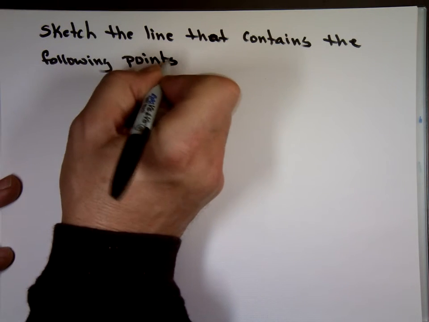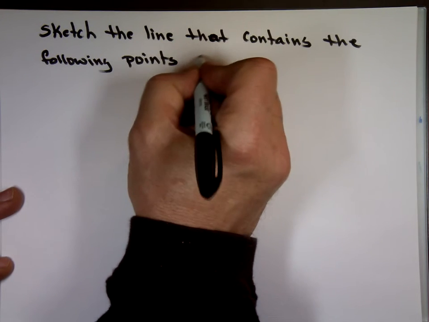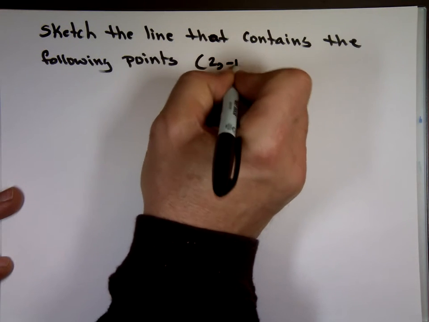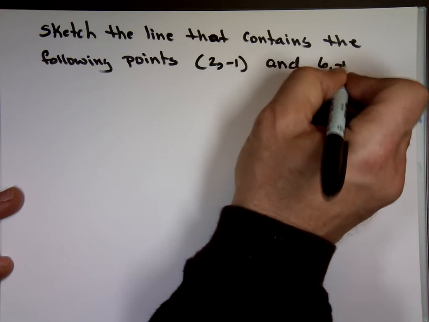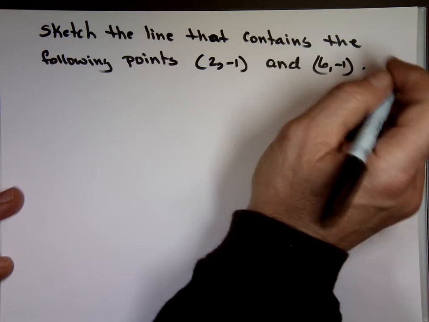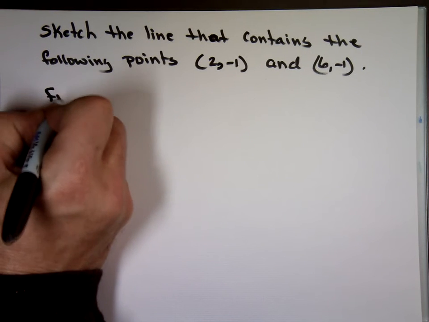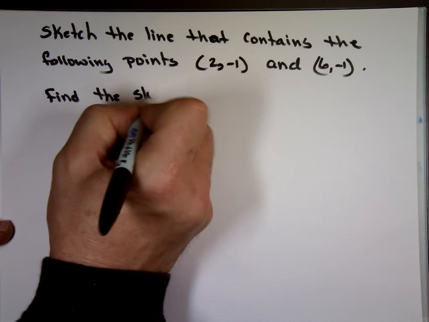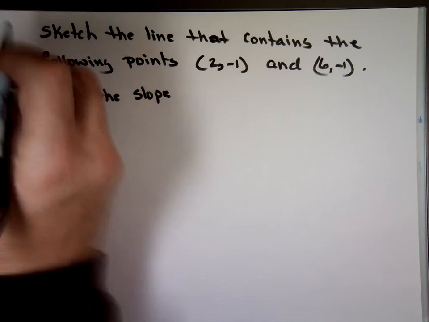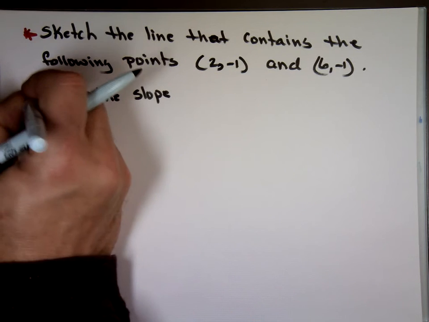The points are 2 and negative 1 and 6 and negative 1. After that, find the slope. So 2 questions. This is question number 1, question number 2.